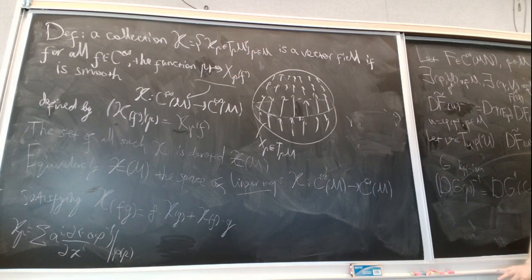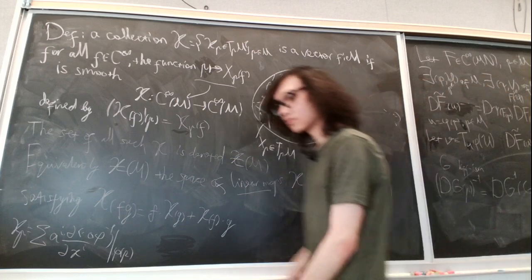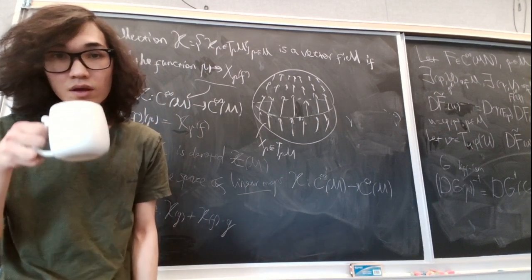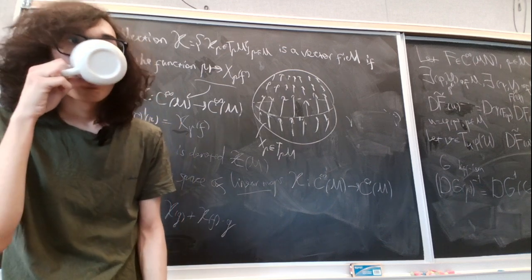So the point is, before, a vector field at a point was just some a_i multiplied by derivatives. So it was some differential operator like this. Now that I want a smooth vector field, so I want to be able to take derivatives at different points, I now let my coefficients a_i depend on the point p. And otherwise it looks the same.